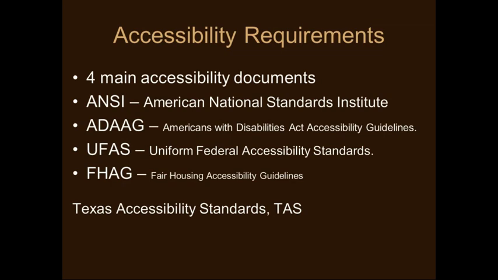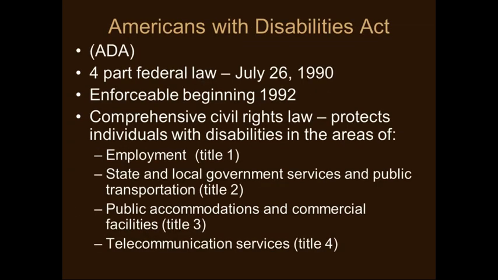And there's the FHAG, which stands for the Fair Housing Accessibility Guidelines. And then in the state of Texas, we always learn about TAS, or some people call it TAS, but TAS is what I reference it, the Texas Accessibility Standards. Make sure you read over and have an understanding of those.